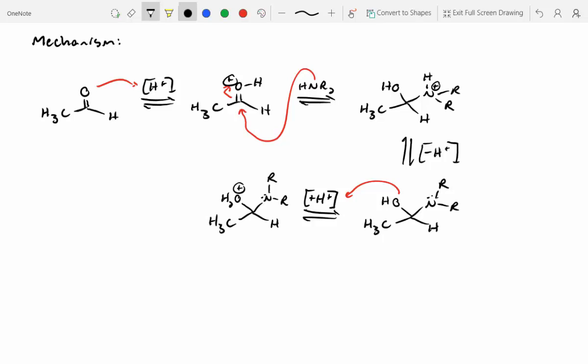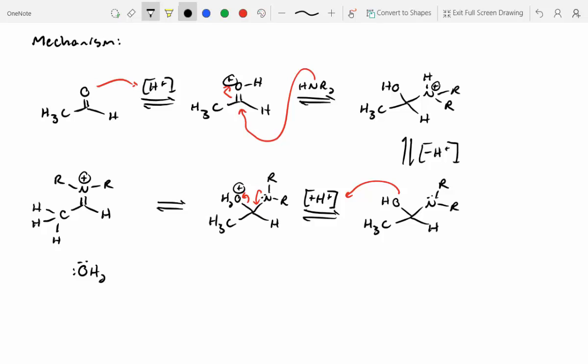Next step, we're going to shove off that water. Actually, I'm going to draw this a little bit differently. And there we go. It looks like an imine right now.